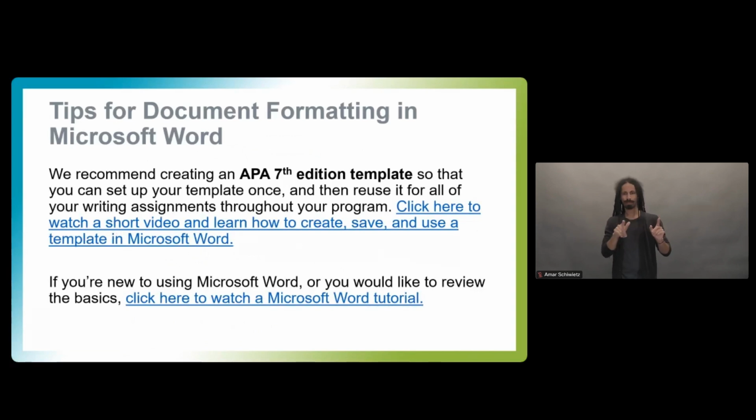Maybe this is something you've never noticed before, but when you open Microsoft Word, there are a lot of pre-made templates available to you as a student, and you can actually create a custom one. So you can create a template for yourself, and then anytime you open Microsoft Word, you can choose to use that template, and then all of your settings are already set up to create a document that follows the APA 7 guidelines that we've talked about so far.